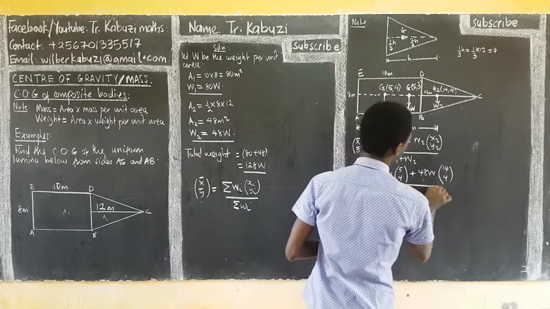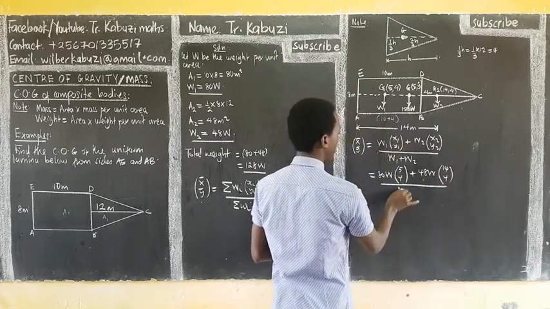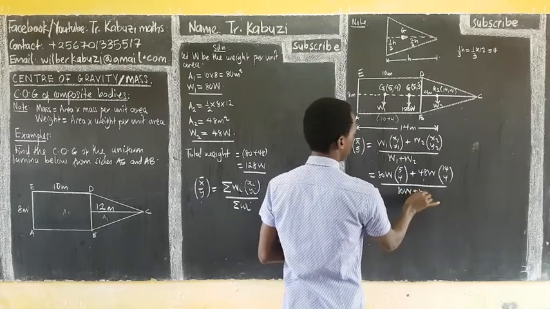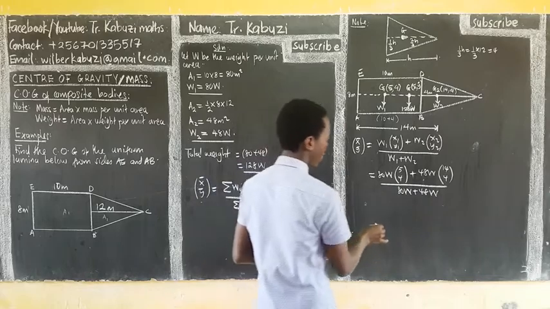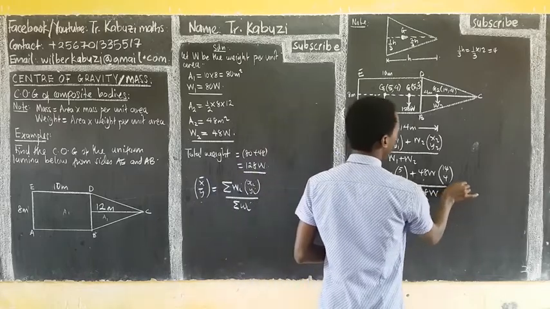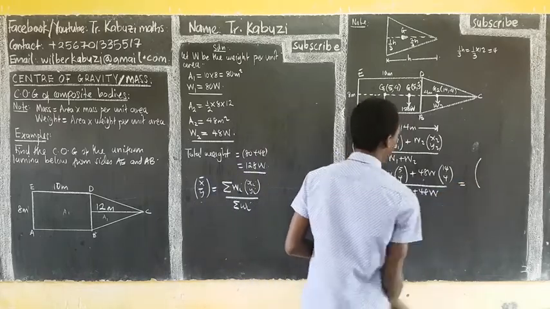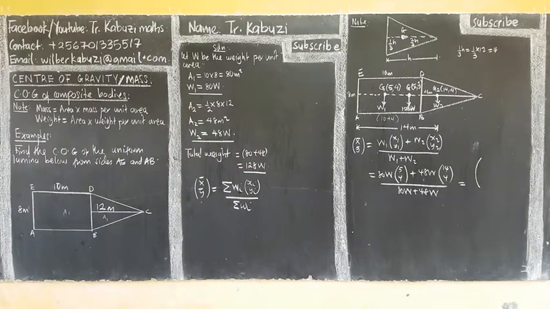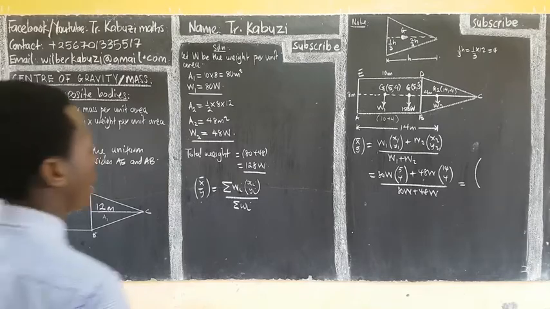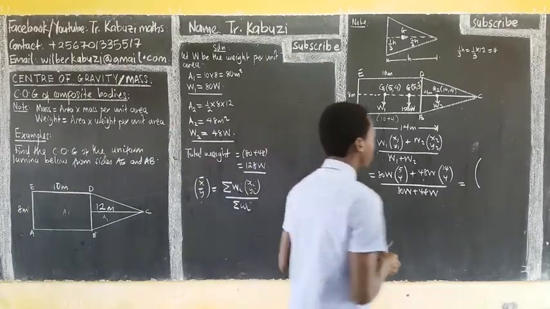Now what we are dividing with is these weights. Okay, now I have to simplify these two using my calculator.